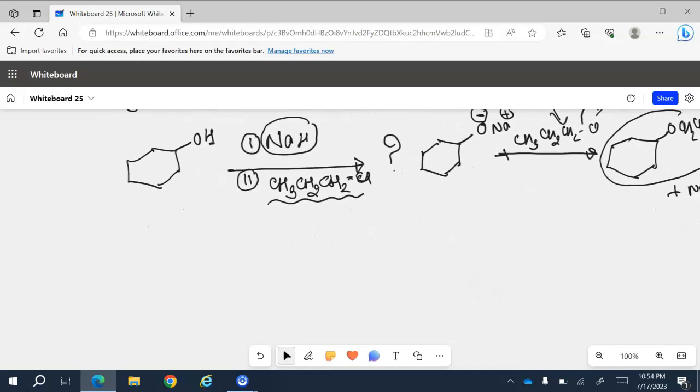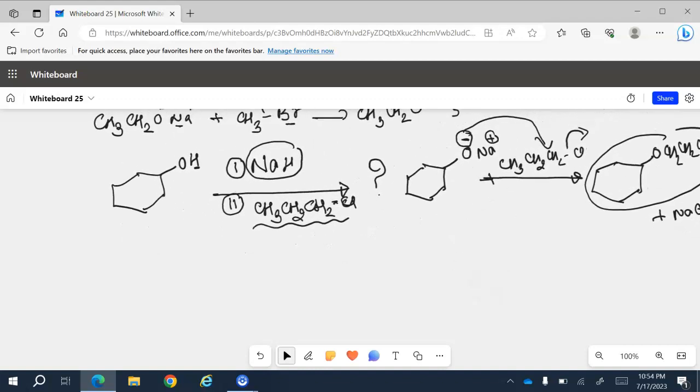Now here is one very important point to be noted. If you have some kind of alcohol, ROH, you know that the pKa of alcohol is nearly 16, so it is a very weak acid. Therefore we have to use either sodium or potassium or sodium hydride as the base in order to deprotonate this.